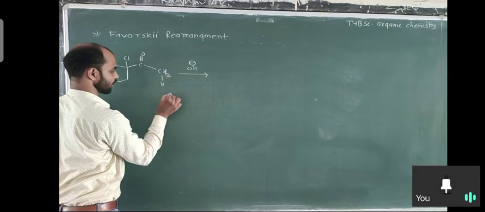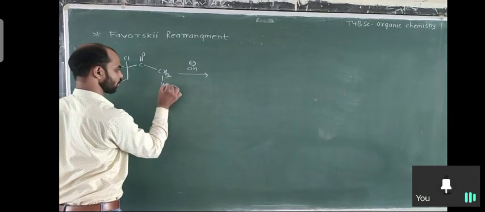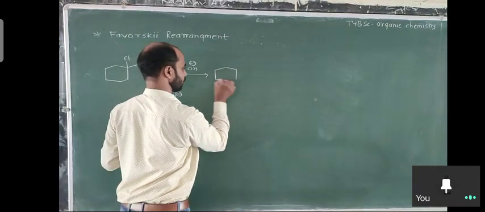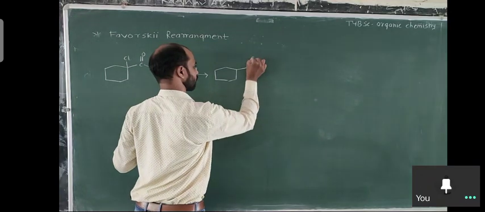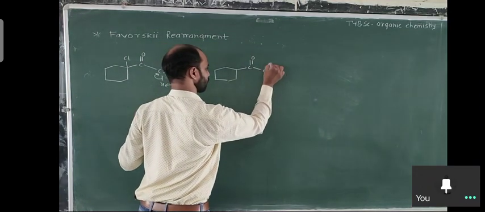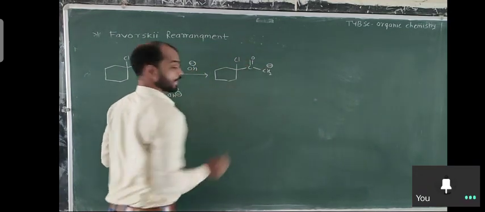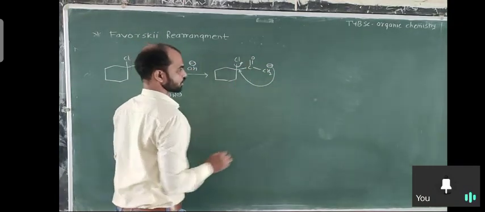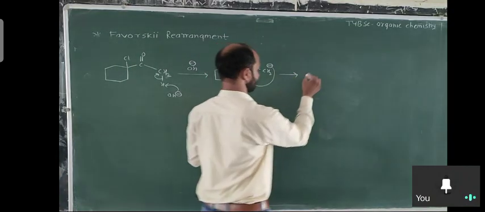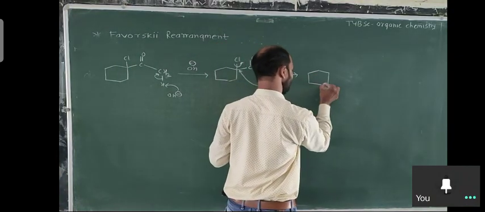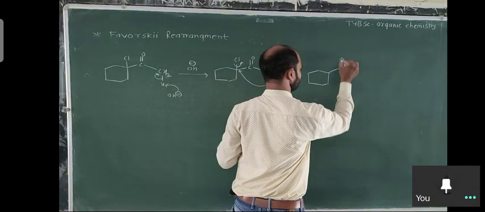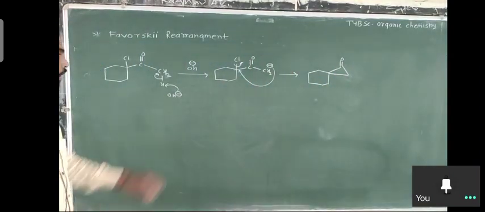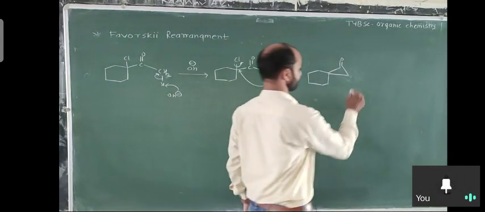In the first step, there is an abstraction of proton and in the second this will attack another alpha position and form a cyclopropanone ring.